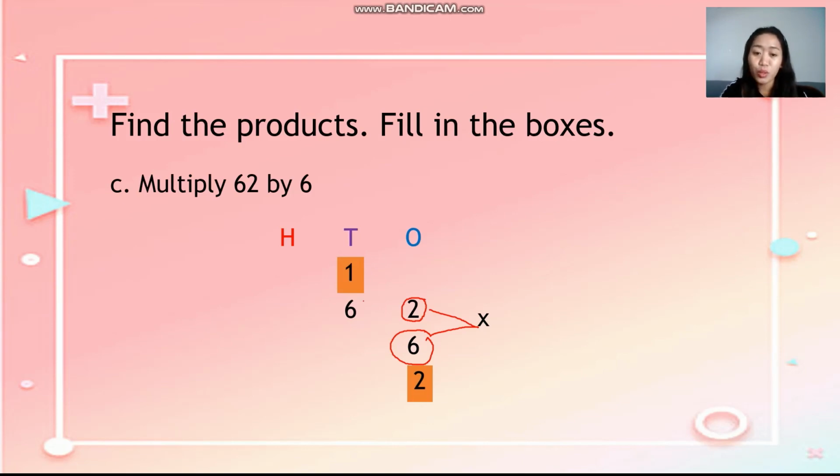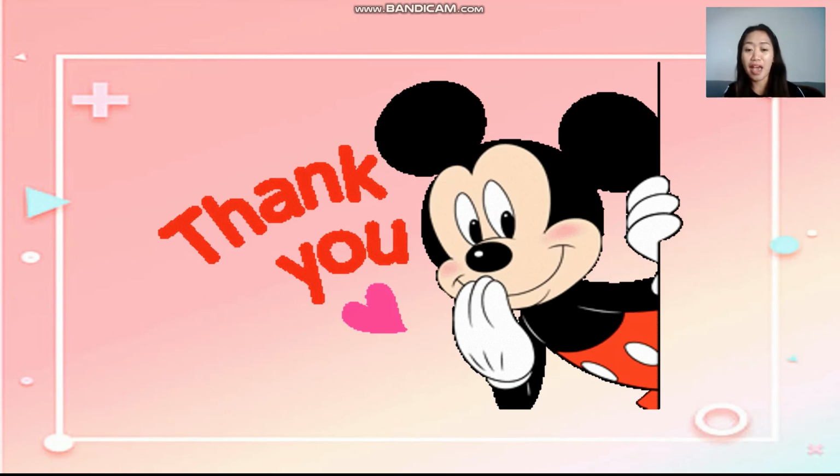Next, we multiply 6 tens by 6. 6 times 6 equals 36, and 36 plus 1 equals 37. We write 7 in the tens place and 3 in the hundreds place. So 62 times 6 equals 372. Okay, great job everyone.